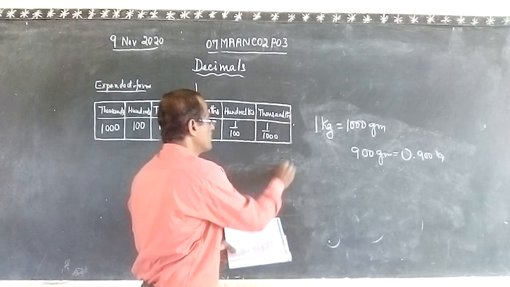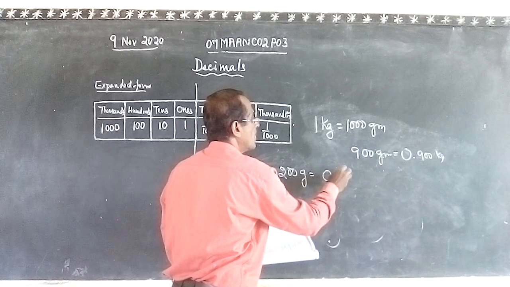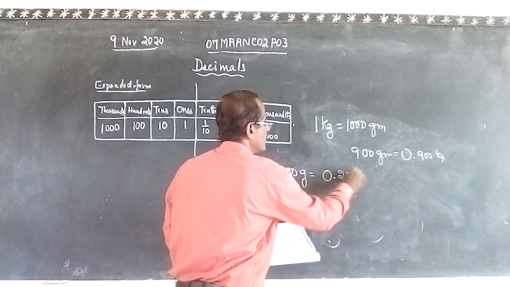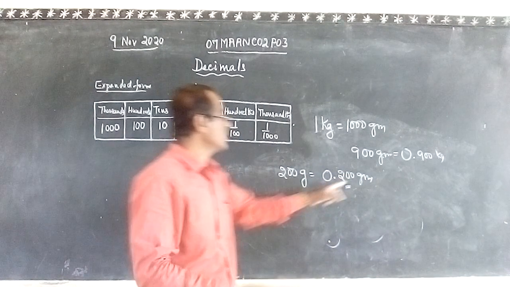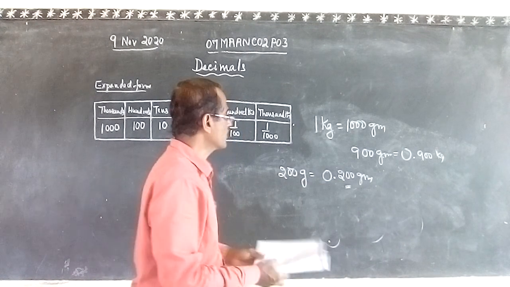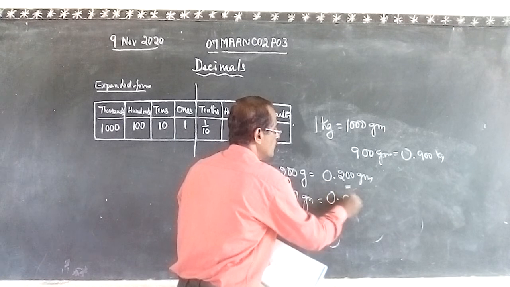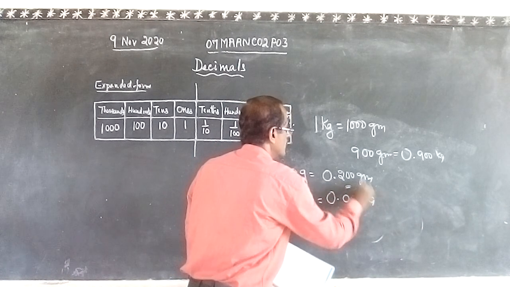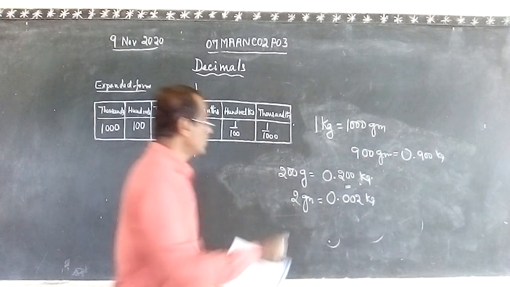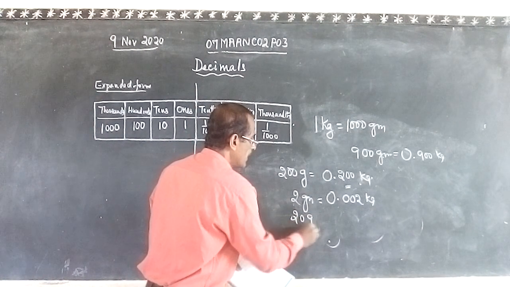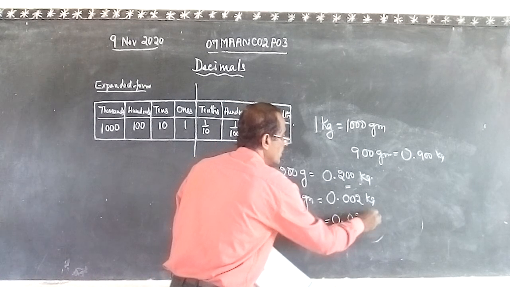See, 200 grams means 0.200 kg. 2 grams means 0.002 kg. 20 grams I will write as 0.020 kg.